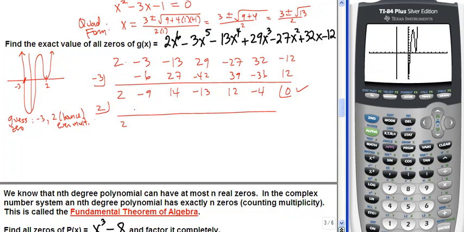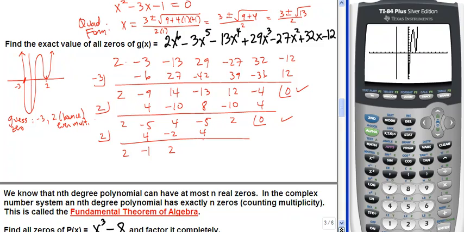So I bring down my 2, I get a 4, just negative 5, negative 10, 4, 8, negative 5, negative 10, 2, 4, 0. And we know that it had even multiplicity, so it's got to go in at least one more time. So let's try again. 2 and 2 is 4, negative 1, negative 2, positive 2, 4, negative 1, negative 2, and 0.